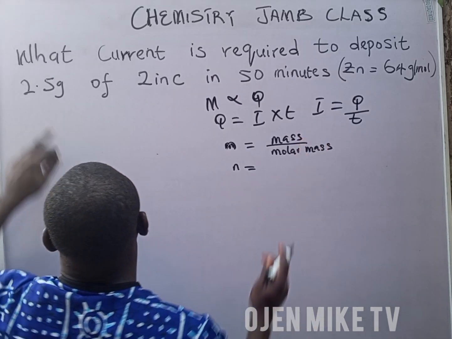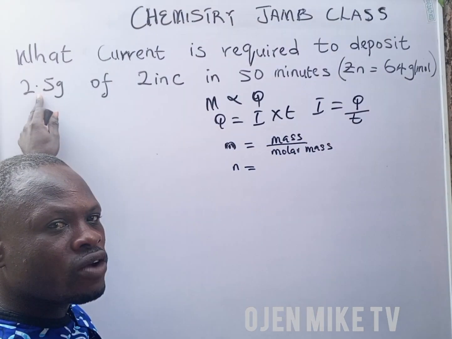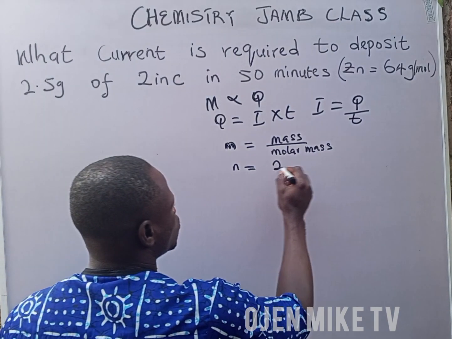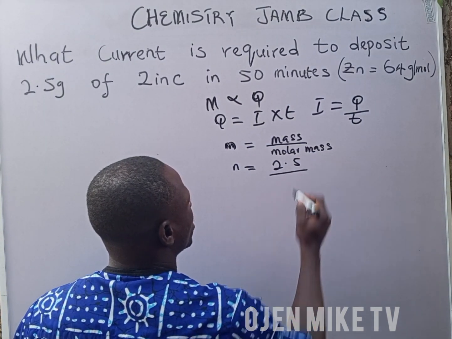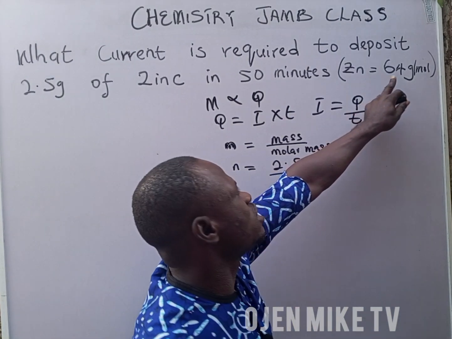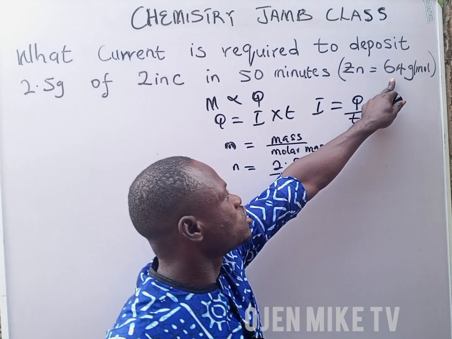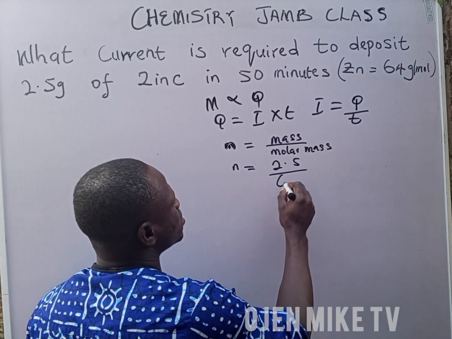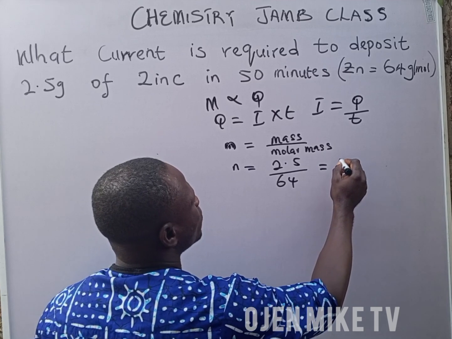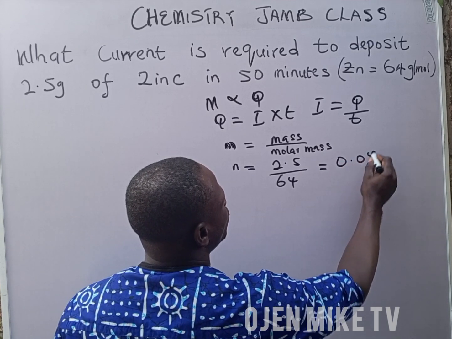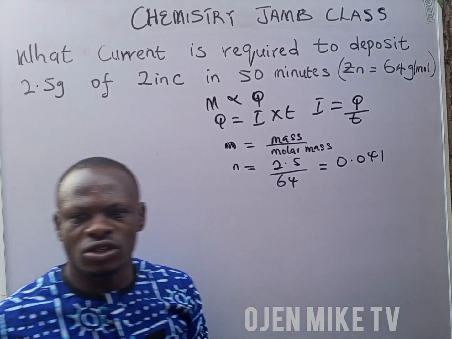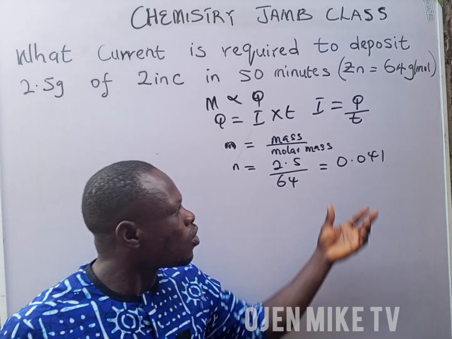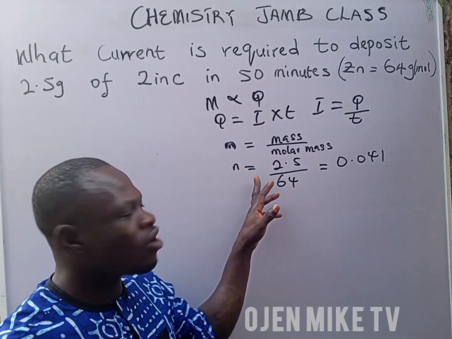Your mass is given as 2.5 grams, so we have 2.5 grams over the molar mass, which has already been given. The molar mass of zinc is 64. Are you following? Then when you divide by 64, what you are going to have is 0.041. You have gotten your number of moles.